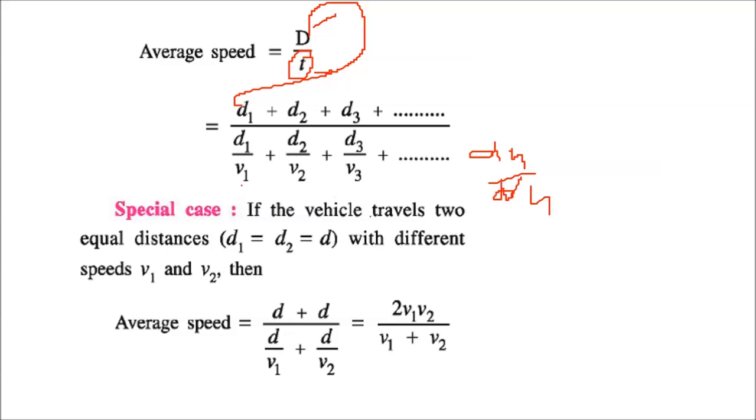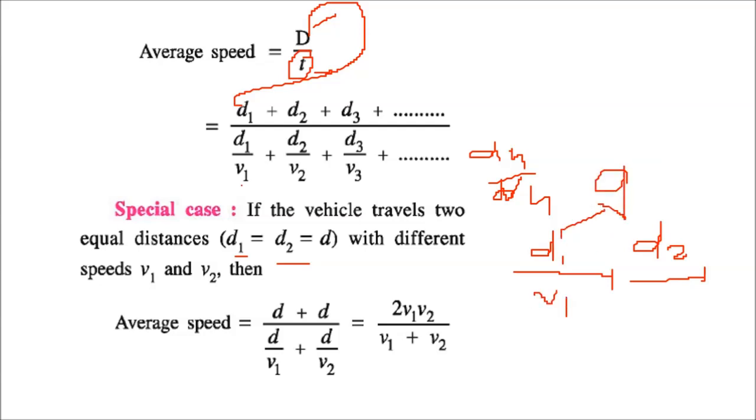So if the vehicle travels two equal distances, say d1 and d2 equal, if we are here and here, this is d1 which is equal to d, this is d2 again equal to d, so both are equal to d, and velocity v1 is maintained here, v2 is maintained here. So this is for d distance, this is for d distance.